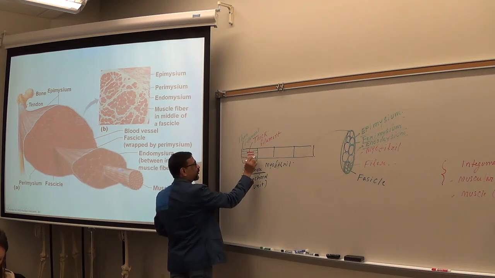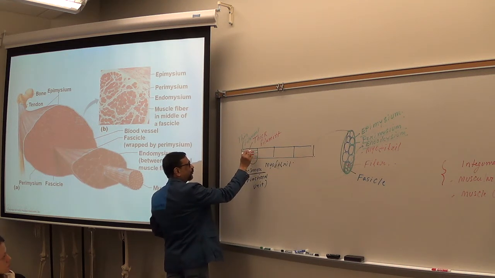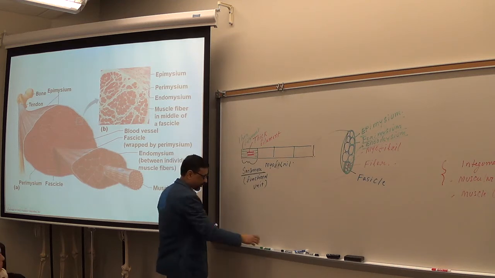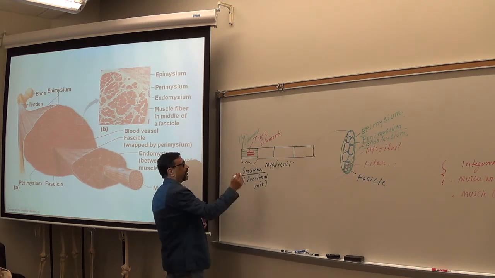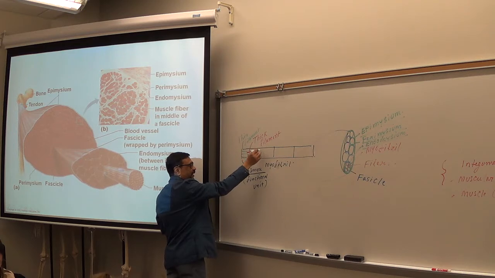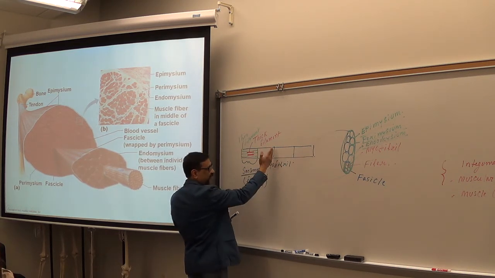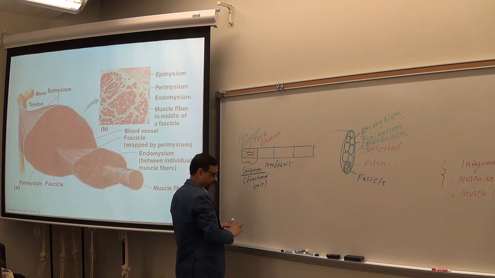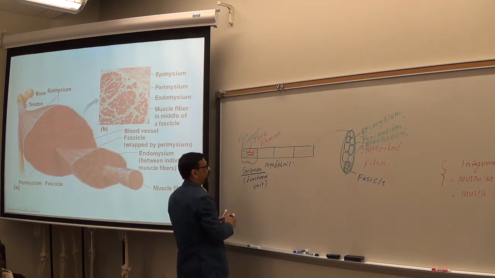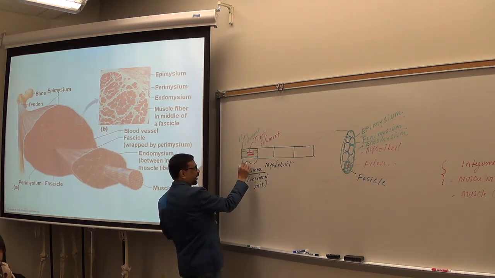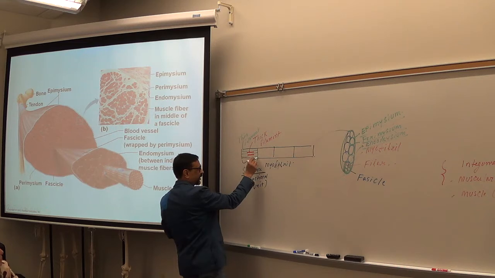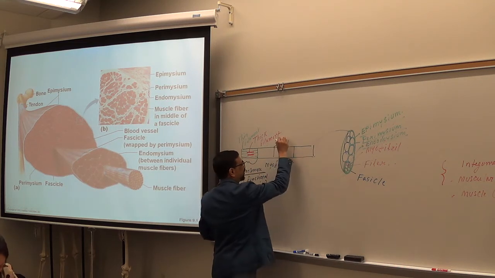Now, if I see how the thin filaments are attached, you see here, these are called Z discs. Z discs separate the sarcomeres. So the sarcomere is the area between two Z discs.